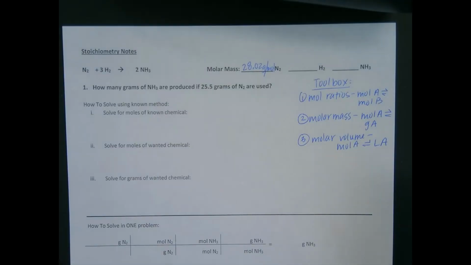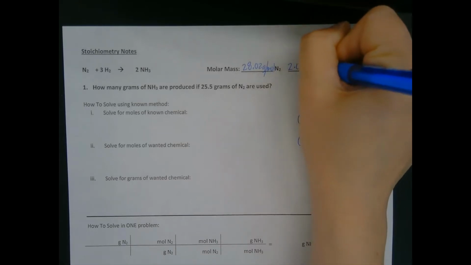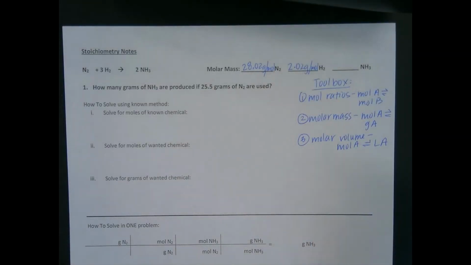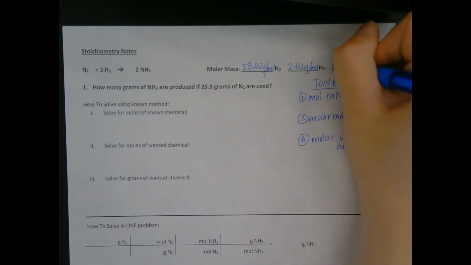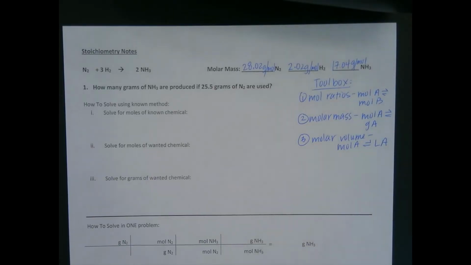Hydrogen is 1.01, but there are 2 of them in H2, so it's going to be 2.02 grams per mole. And in NH3, we've got 14.01 plus the 3.03 from hydrogen, which is 17.04 grams per mole. So now I have all of my molar masses, and I don't have to pause and solve those first.